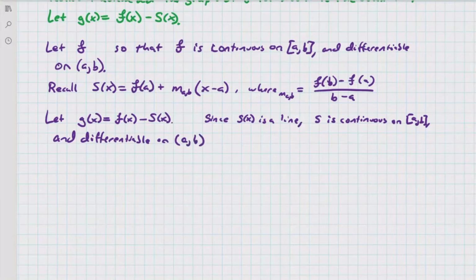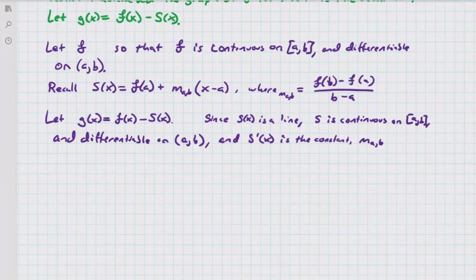Right? It's a line. It's continuous everywhere. It's differentiable everywhere. Indeed, since it's a line, s prime of x is a constant. Actually, I do know what it is: MAB. Its slope is the same thing everywhere.